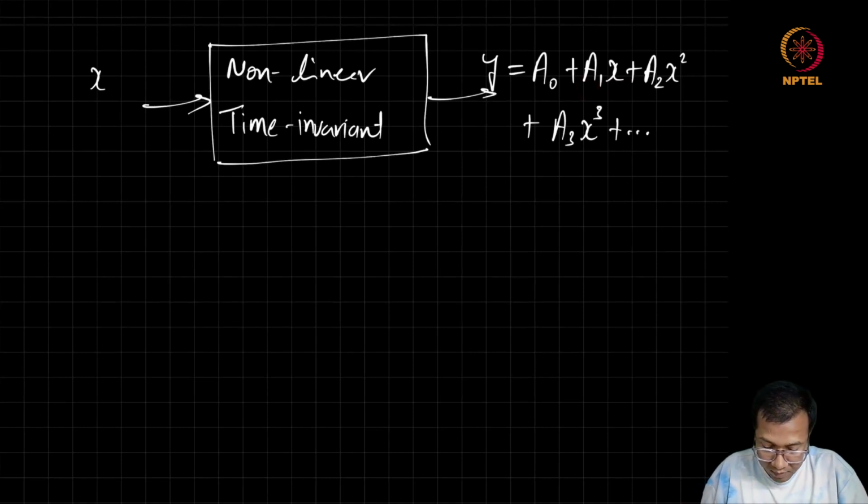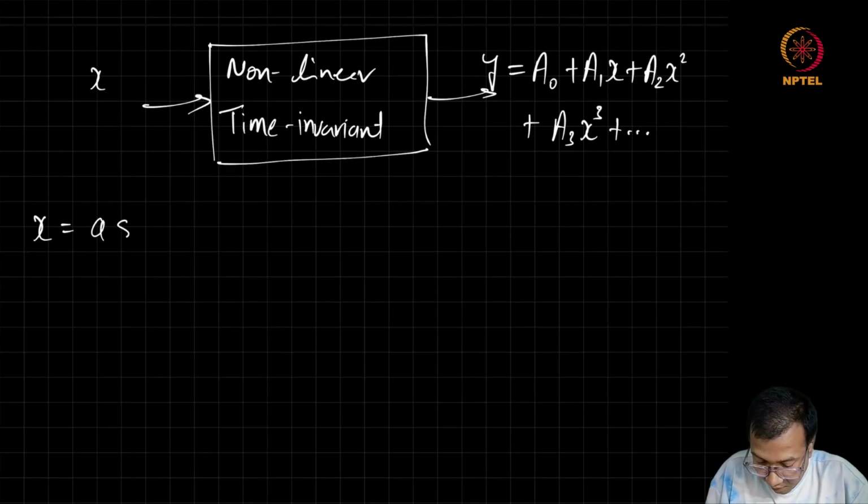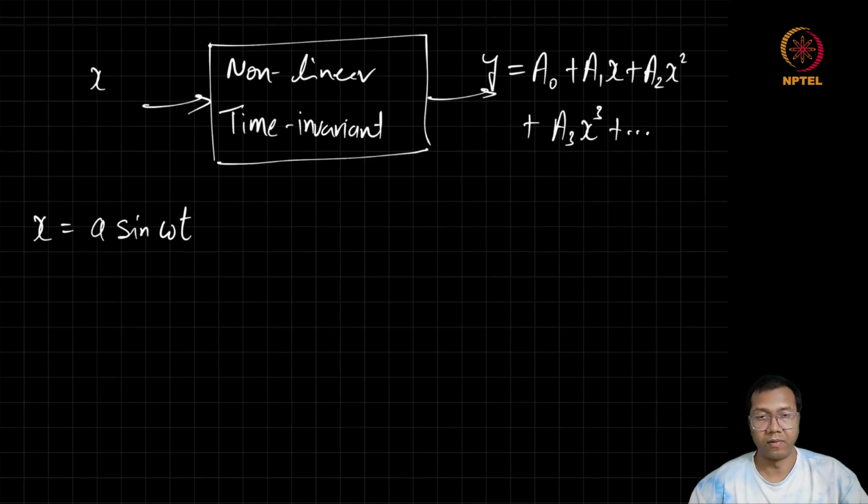And to do that, we'll take an example where X is a simple sinusoidal signal, let's say having an amplitude of A at an angular frequency of omega.